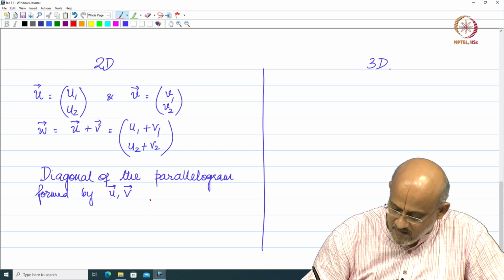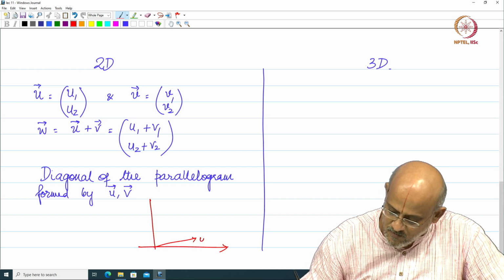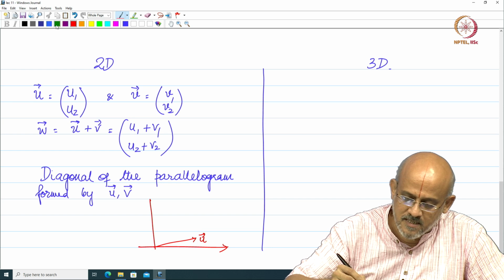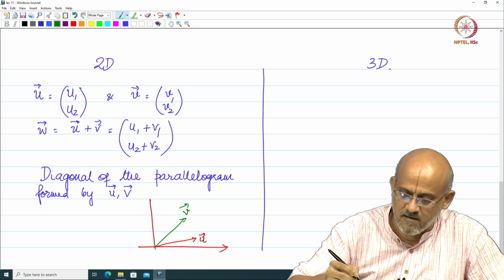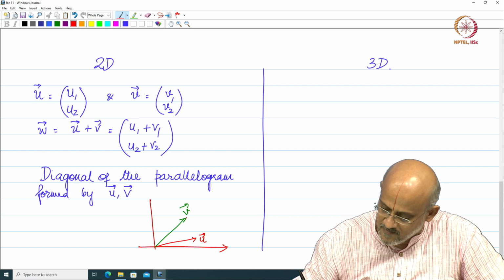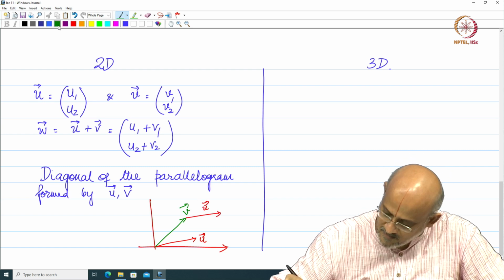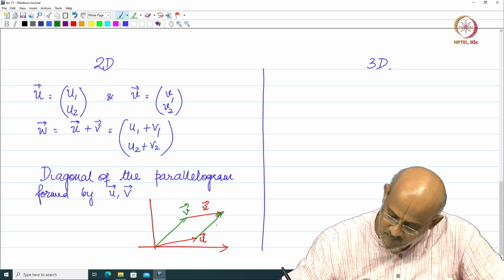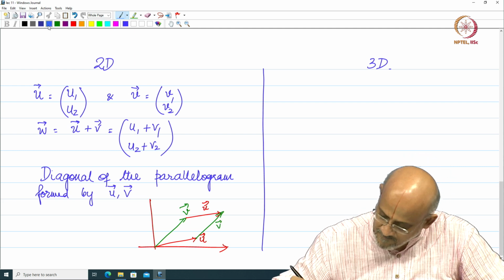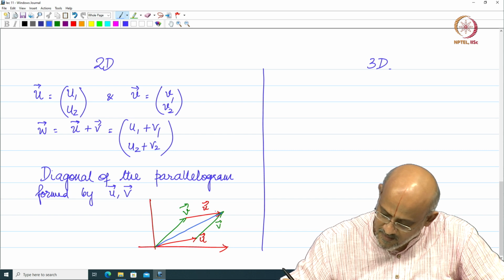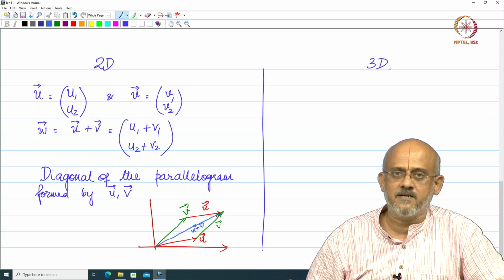That simply meant that if we have a vector, say u, and this vector which is v, all we need to do is complete the parallelogram. So this is again the u vector, and that is the v vector, and the diagonal that we have is basically the vector u plus v, right.